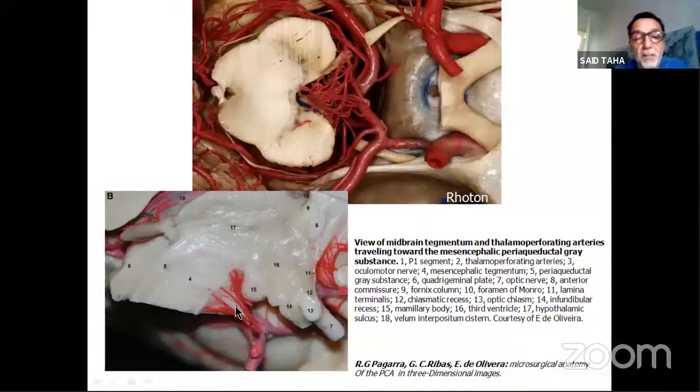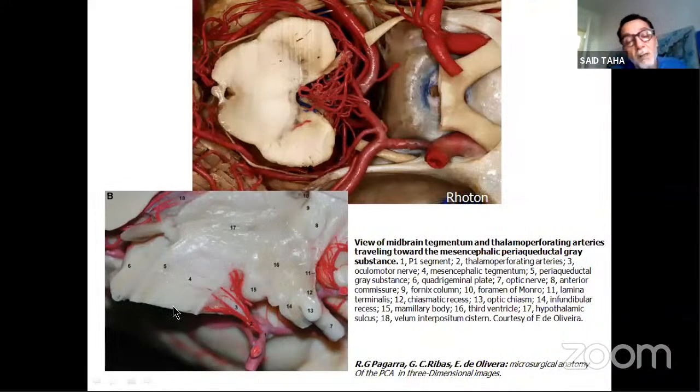This is the thalamoperforating artery. This is the third nerve. These are the mammillary bodies. This is the third ventricle, the chiasm. This is the optic tract, the optic recess, lamina terminalis, the anterior commissure. This is the fornix. Here we see the hypothalamic sulcus.